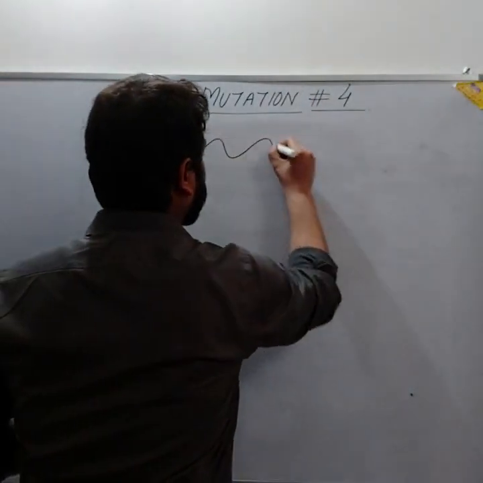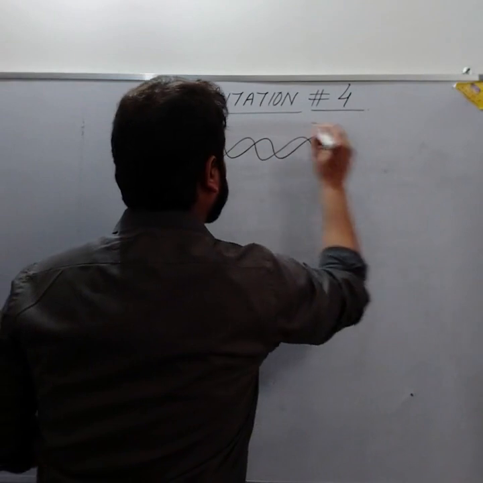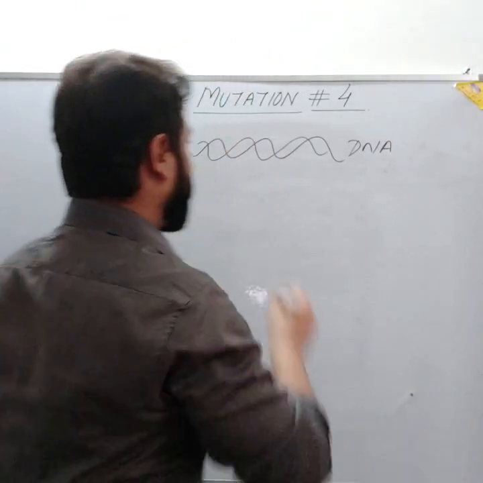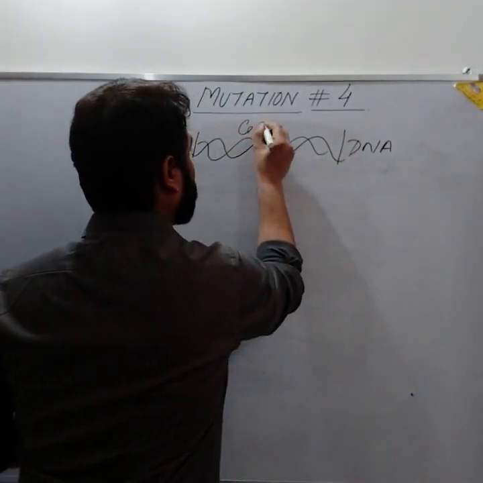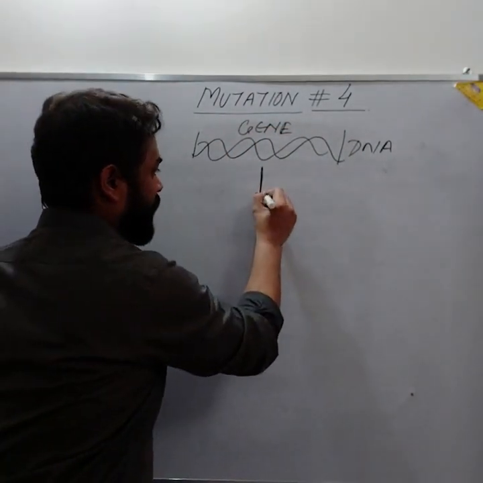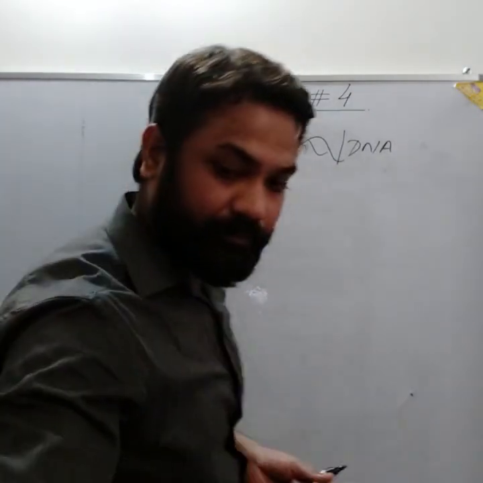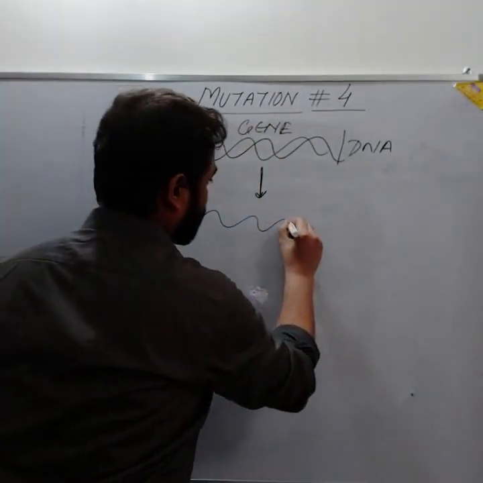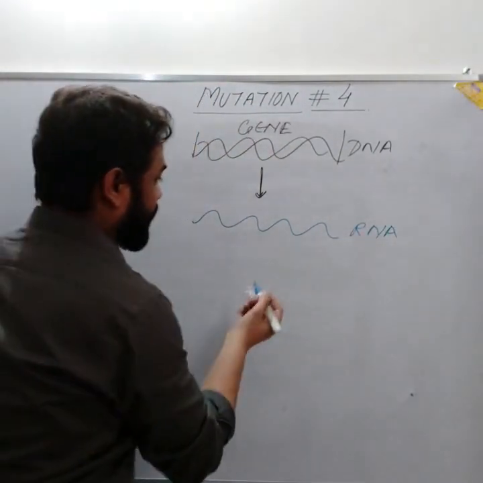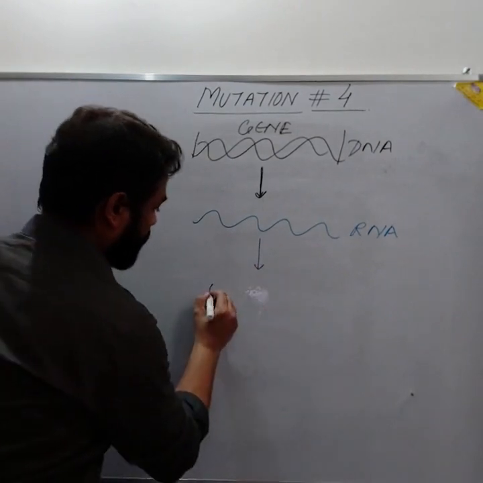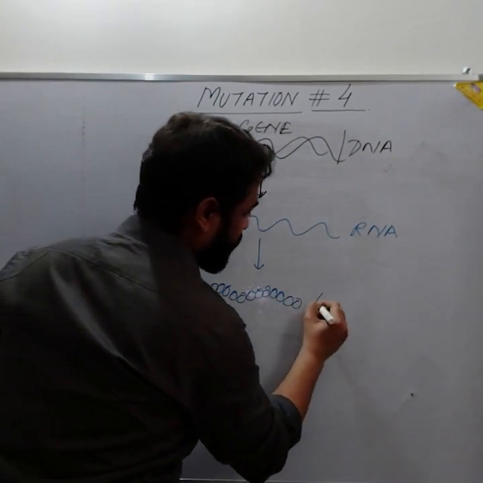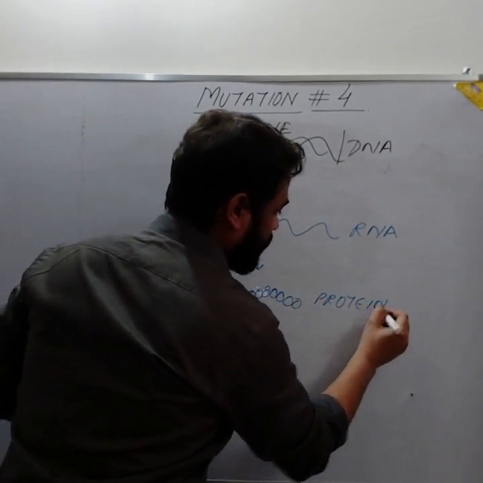Suppose here I have my DNA molecule, and if I say this is a gene, it will code for RNA, and ultimately this RNA will code for protein.